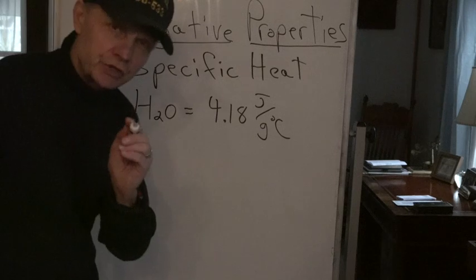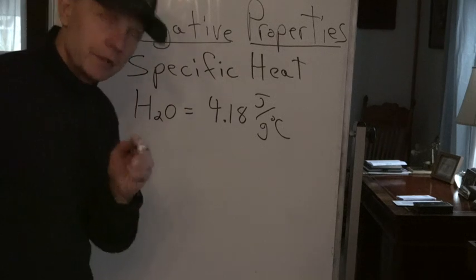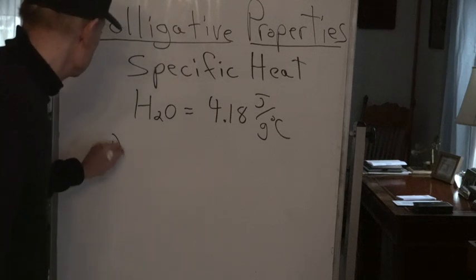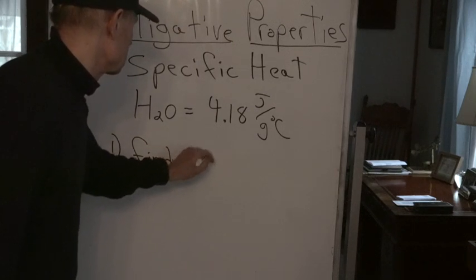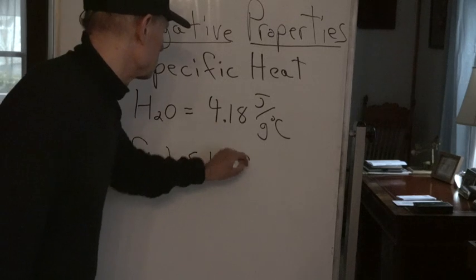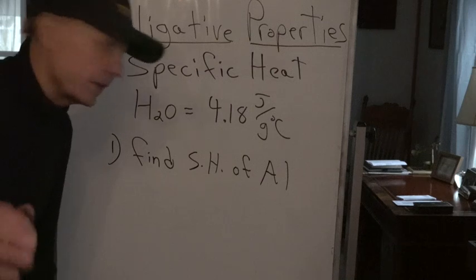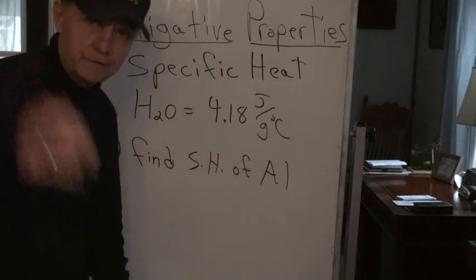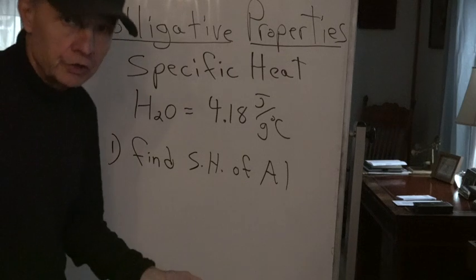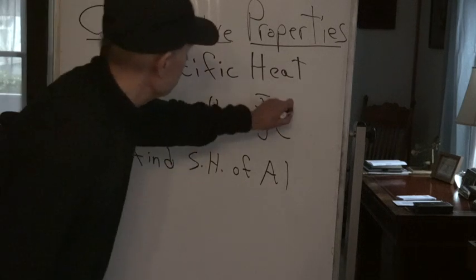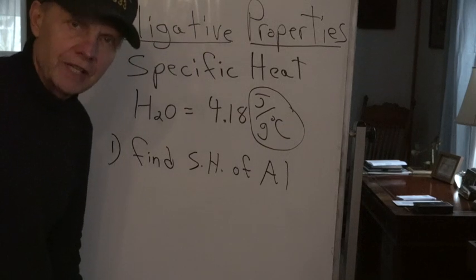My first question, question number one: I want you to find the specific heat of aluminum on your phones. There are a whole bunch of different units, but you are going to find the unit of joules per gram degree centigrade.